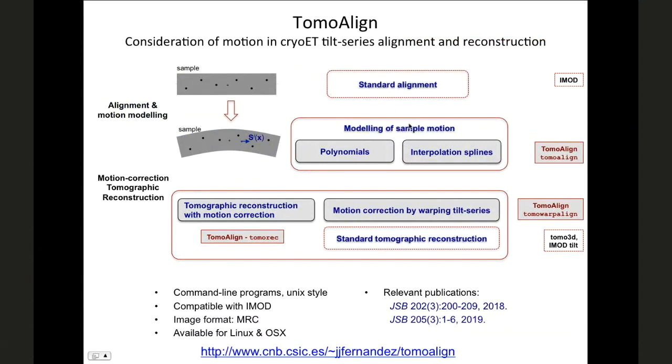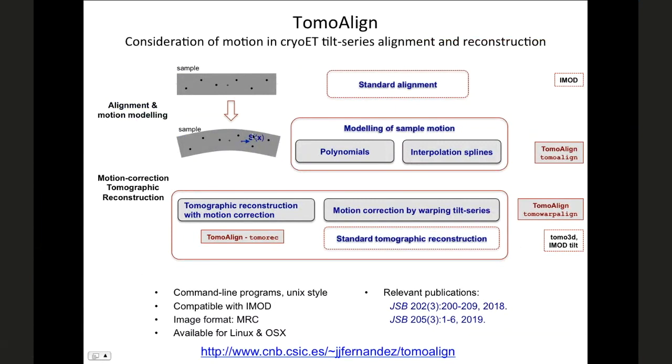This is the general workflow in TomoAlign. There are several others, but this is the most general, and today I will focus on it. As the first step, we use the standard alignment, where it's assumed the sample remains intact. Then with TomoAlign, we model the sample motion with several strategies that we'll cover later.